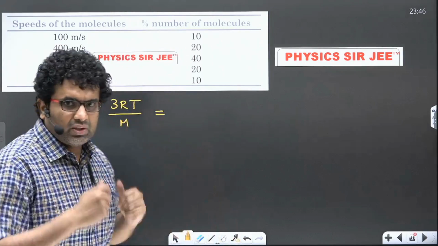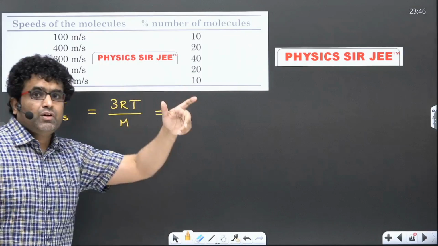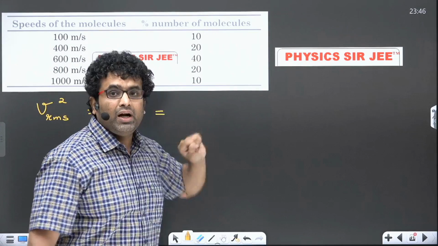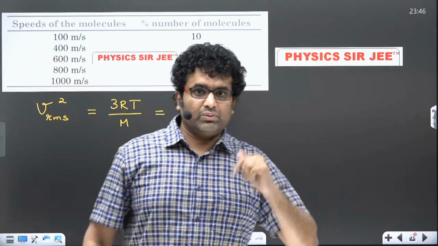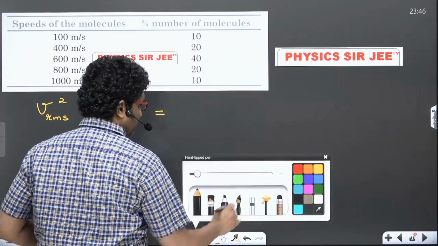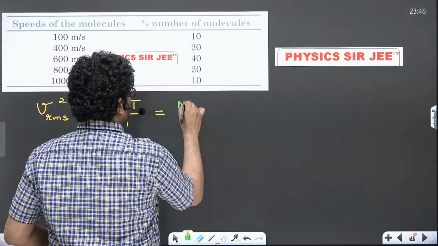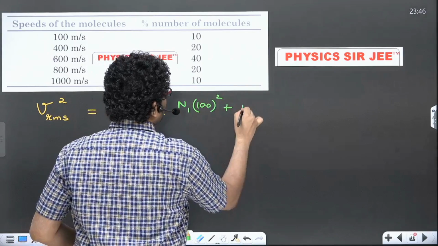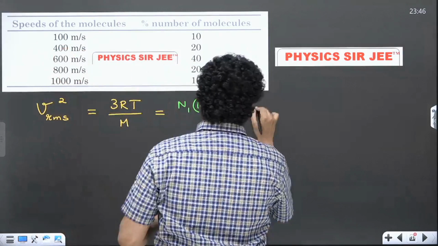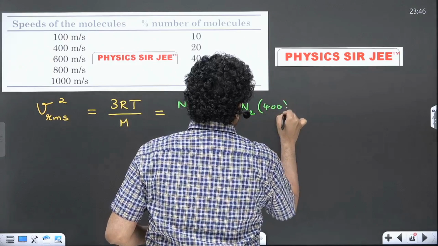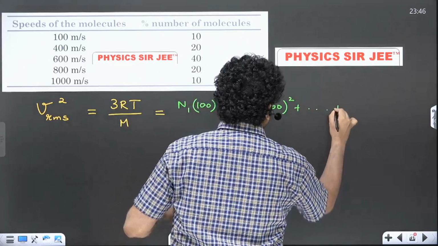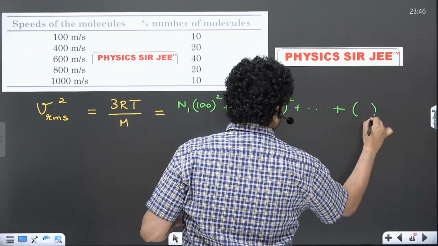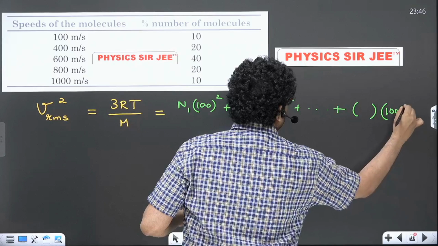I can also write it as, let's say n1 number of molecules are traveling with this 100. I would say n1 into 100 square. So something like this would happen, n1 into 100 square plus n2 such molecules are, let's say, traveling with 400 square, and so on and so forth, with the last term of n final multiplied by 1000 square.